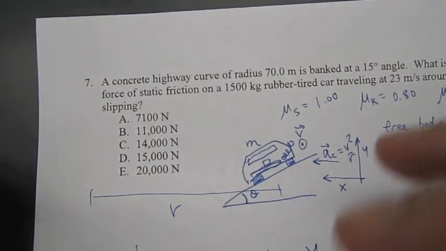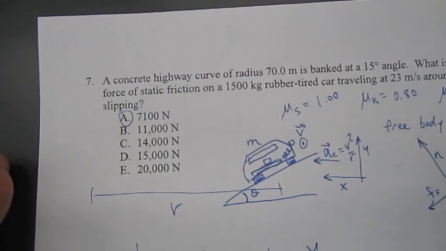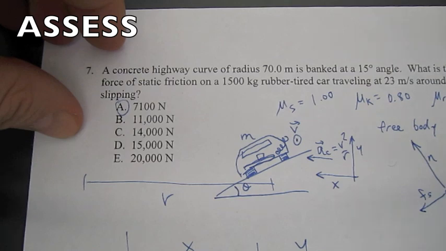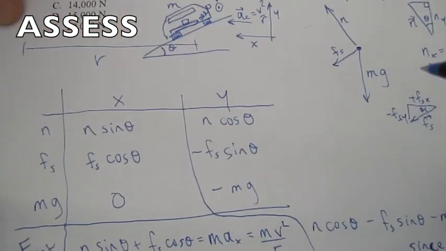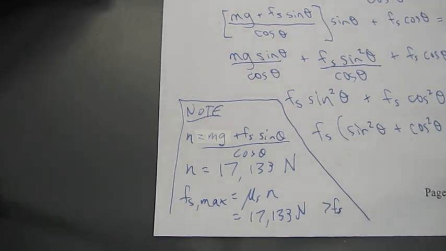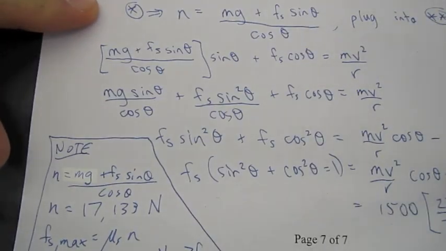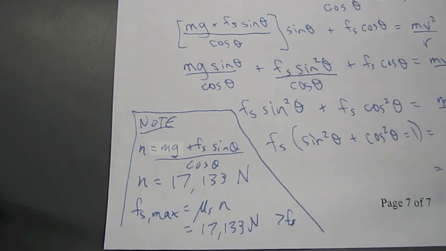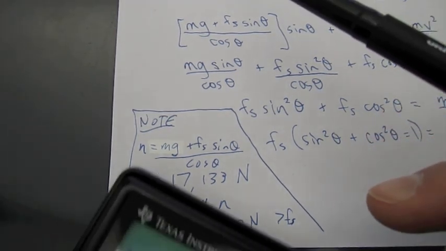And so looking up at our answers, that is answer A. So just to note, we didn't actually use this mu sub s, so just to see if this makes sense or not, I want to note that the normal force, which we eliminated by solving for it, is equal to mg plus f sub s sine theta divided by cosine theta.